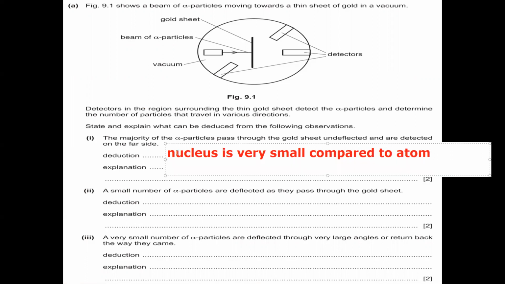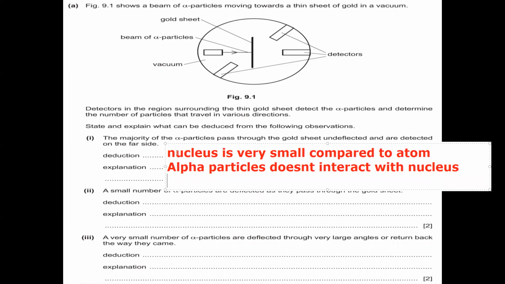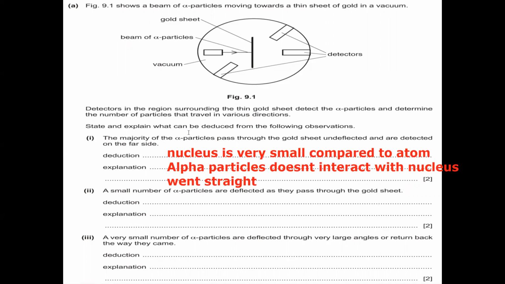An explanation for that: alpha particles do not interact with the nucleus and went straight, did not change the direction. So it shows that most part of the atom is empty.